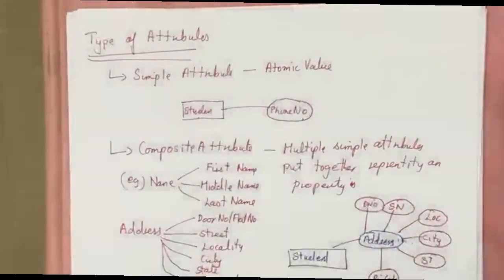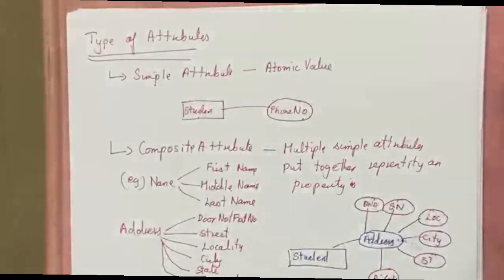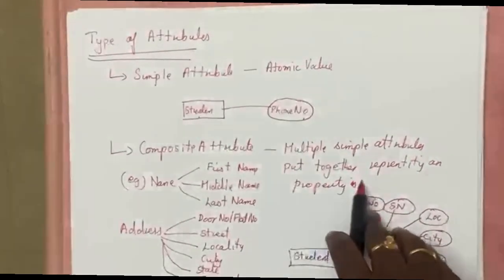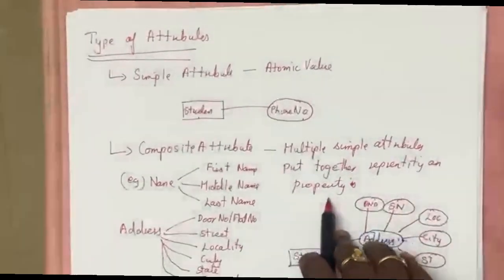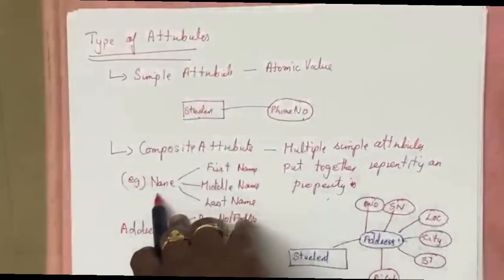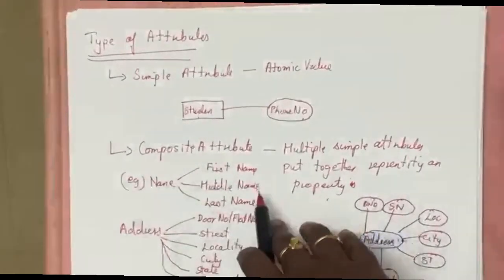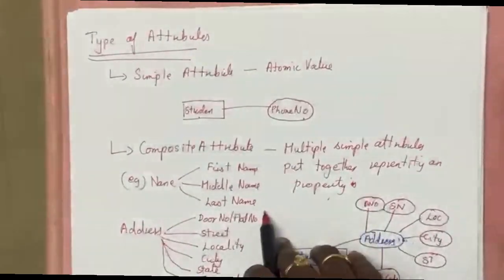The next one is the composite attribute. A composite attribute is nothing but combining multiple things, taking multiple simple attributes and putting them together to represent a property. For example, name is an attribute that I can break down into first name, middle name and last name.